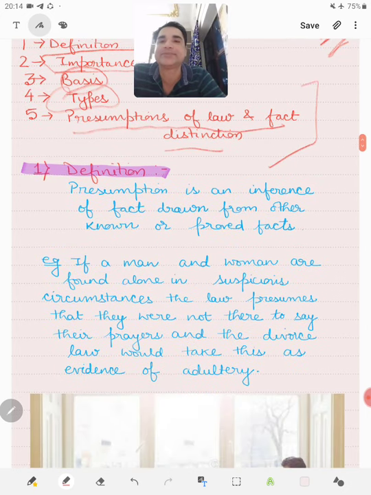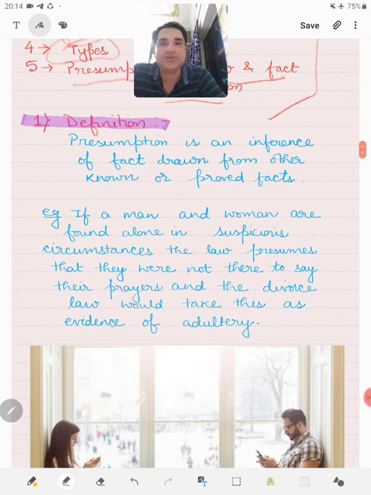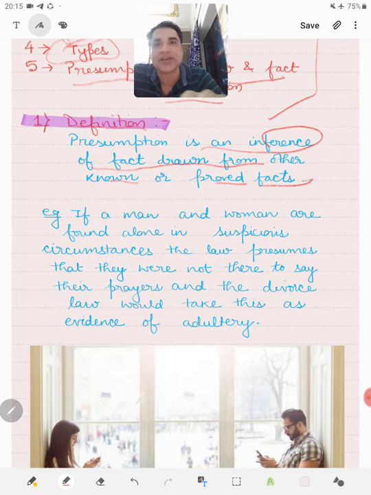So let us start. The definition of the word presumption is that presumption is an inference of fact drawn from other known or proved facts. So it is an inference that if the first thing is there, and it leads to the second thing, then if the first thing is proved, we can presume the second fact.